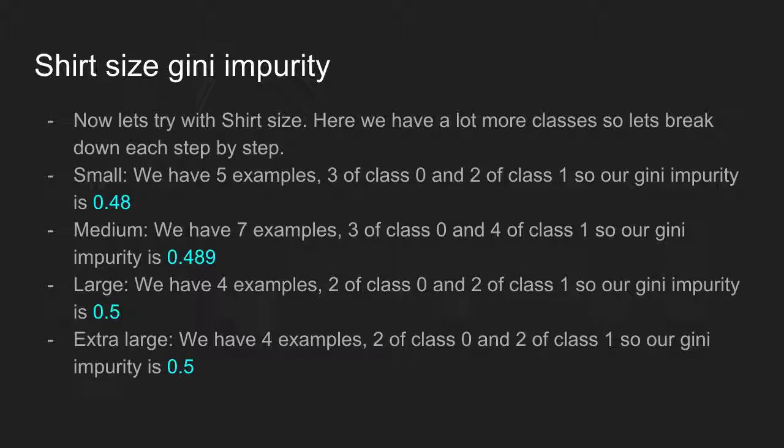So we have our small. For our small case, we have 5 examples, 3 of class 0, 2 of class 1, so that comes out to 0.48. 7 examples, 3 of class 0, 4 of class 1, 0.489. 2 of each, so 0.5 again, and 2 of each again for extra large, so that's 0.5.